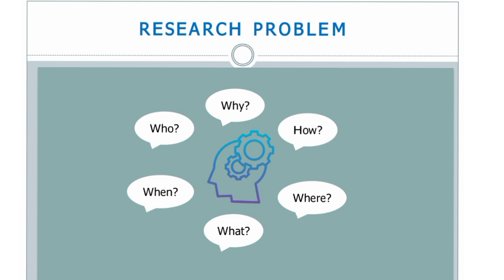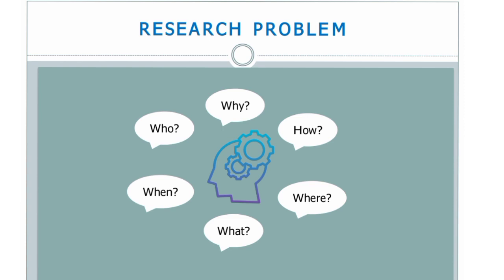While selecting the research problem, the researcher may go through different questions regarding the problem area, such as why, how, where, what, when and who. Who means the person or business organization that is facing a problem.